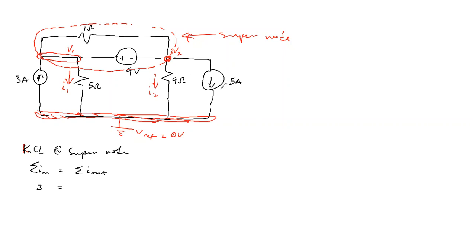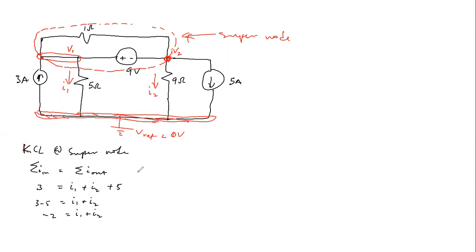I1 is flowing out, I2 is flowing out, and 5 is flowing out, same as I1 plus I2 plus 5. Once we move this, that will be 3 minus 5 is the same as I1 plus I2, so that's minus 2, the same as I1 plus I2.